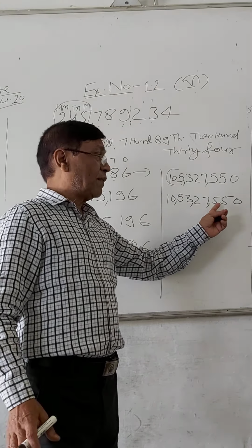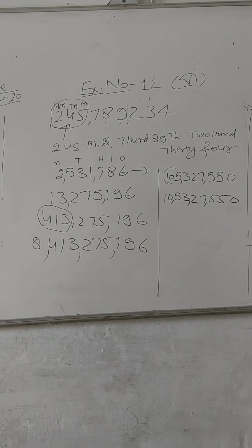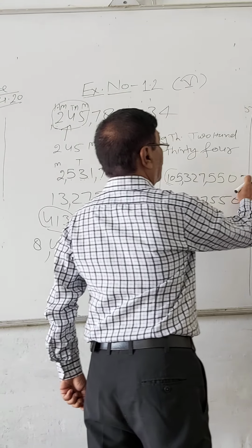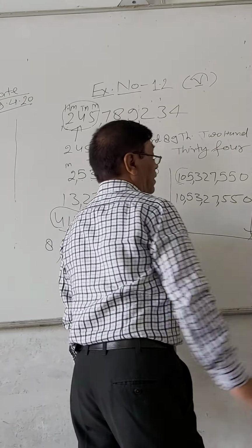So this way, from the book you take different numbers, put the comma and accordingly write the answers of the different questions. Question number 1 you can do on your own. Different numbers are given here. Question number 2, just see: write the numeral for each of the following. From the number you have to write the name.